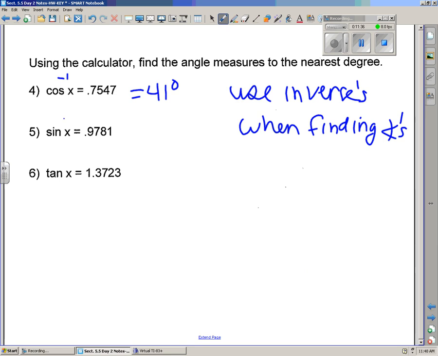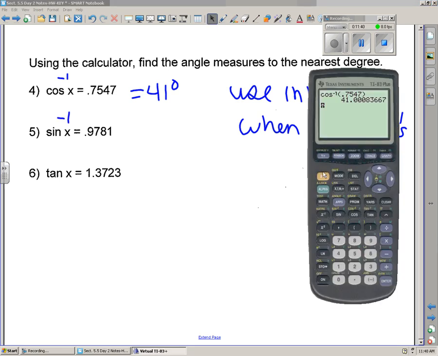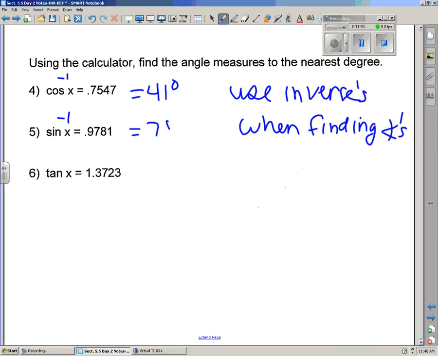When I want the sine of the angle, it's sine -1. And I'm going to do second sine, and I'm going to type in that decimal equivalent, 0.9781. Oopsie, get the 1 in there. And then what comes out here is 77.9, which is going to round to 78 degrees. And now for the tan of the angle, since I need to find the angle, I need to use the inverse function.